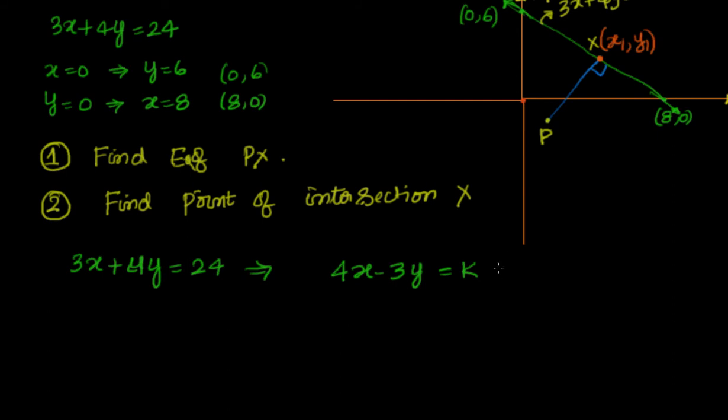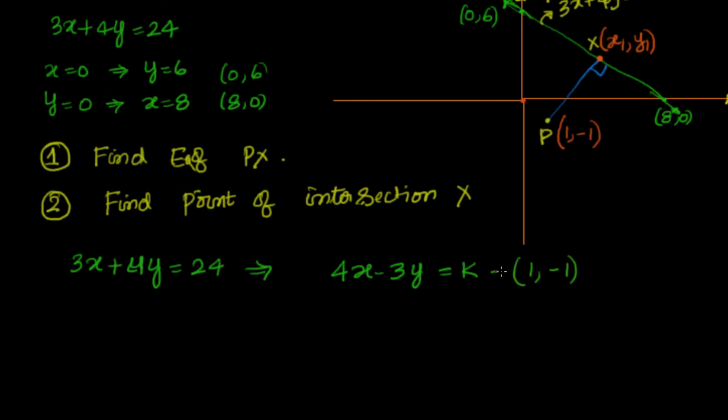Now this is the equation of PX, but it should be satisfied by the point P, which is (1, minus 1).